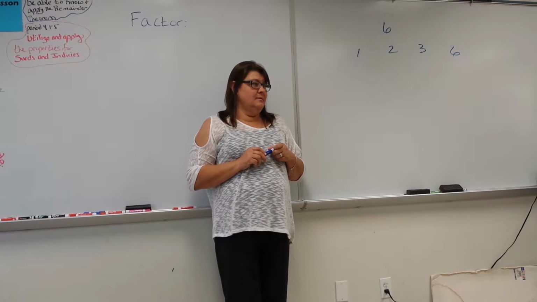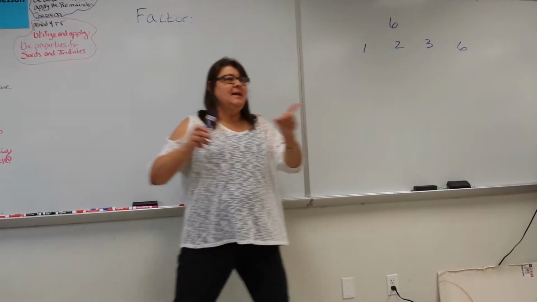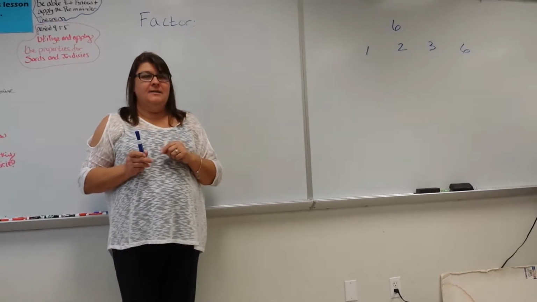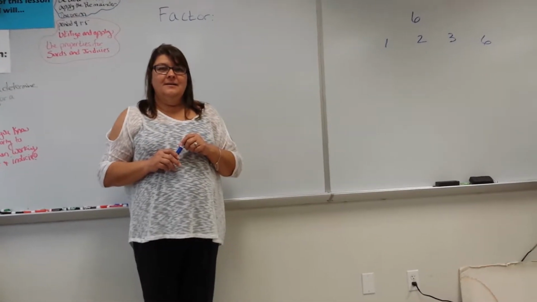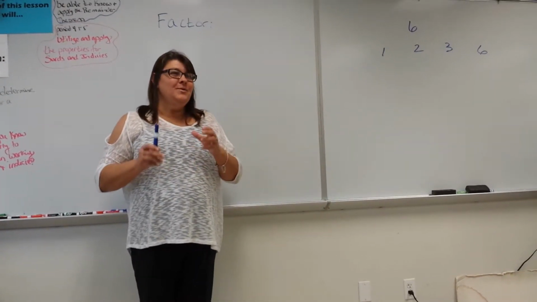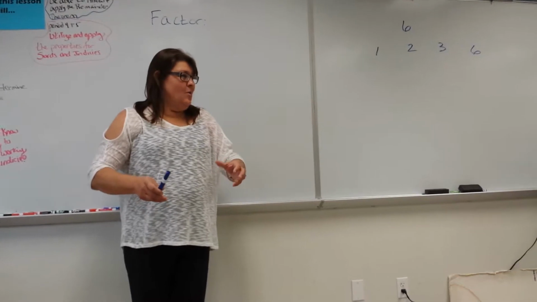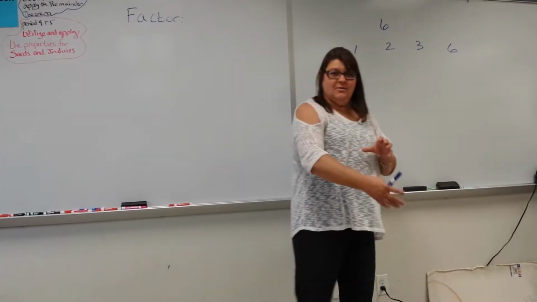Because it doesn't divide into it evenly. That's what I'm looking for. So go back and tell me what the definition of a factor is. It goes into something evenly without it being a decimal or fraction. Whole numbers. It goes into it evenly without it being a decimal answer or a fraction answer, right?